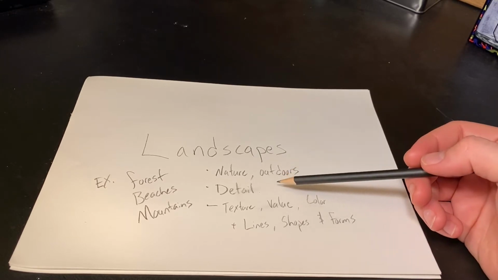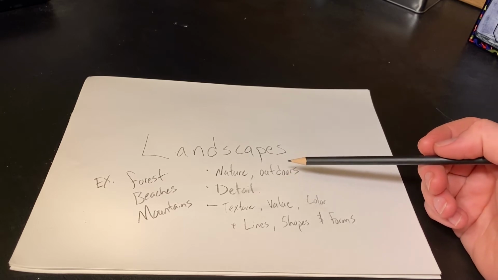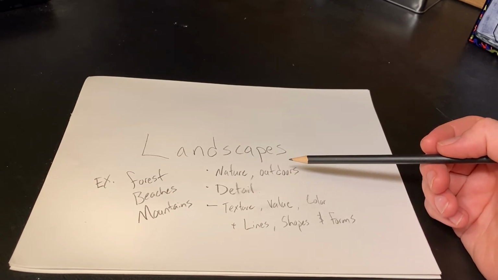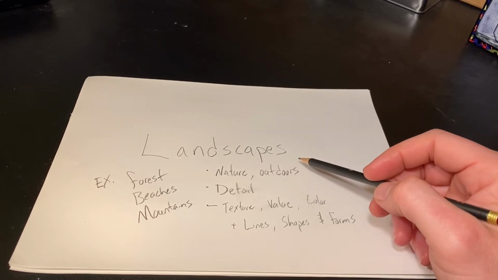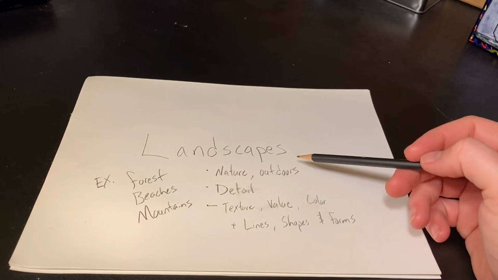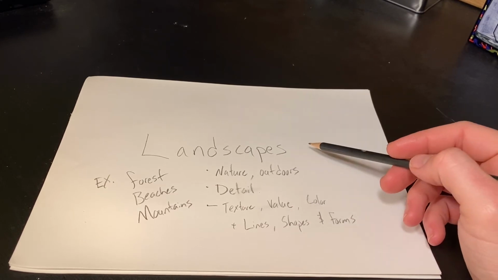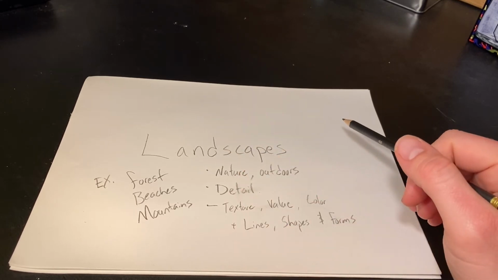Or you might find some kind of water, like a pond, an ocean, a lake, a river. So I'll show you a couple different ways you can draw those things, including an easy way to draw mountains, which we've learned before, but you are responsible for making a whole picture of a landscape.